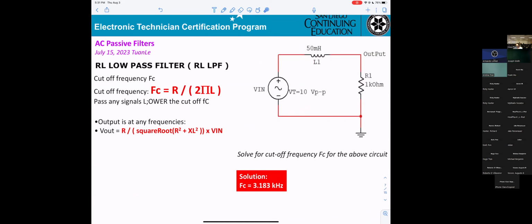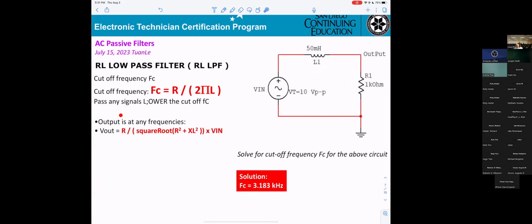This is the RL low pass filter. That means they're using an inductor and a resistor. For the RL low pass filter, the cutoff FC equals R divided by 2 pi L. Same thing, it passes any signal lower than the cutoff frequency.